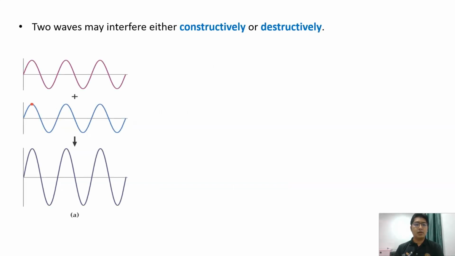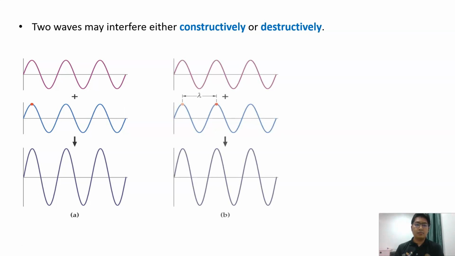So this is the example. Two waves may interfere either constructively or destructively.